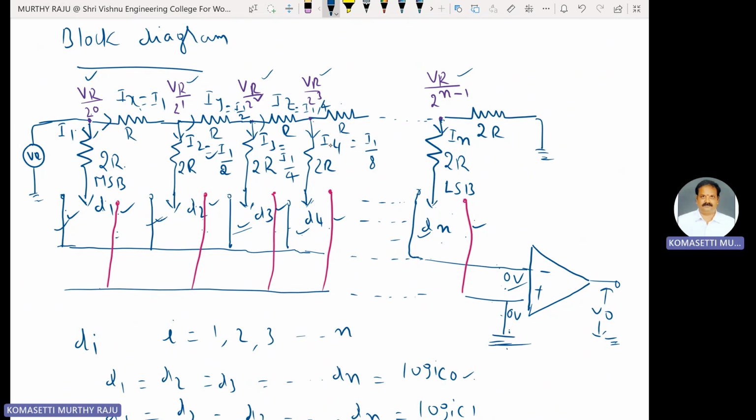I1, I2, I3, I4, and IN are all constant because these node voltages are constant irrespective of the digital data applied at the switches, whether D1 equal to D2 equal to D3 and so on up to DN is at logic 0, or all are at logic 1. In either case, the switches are connected to ground potentials. This is the total current IT.